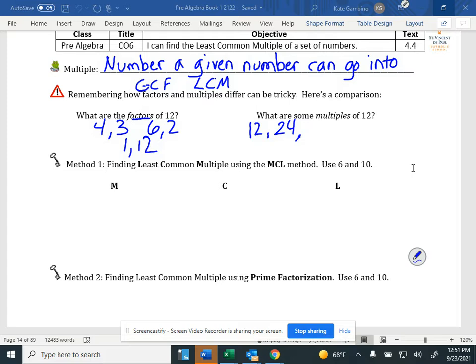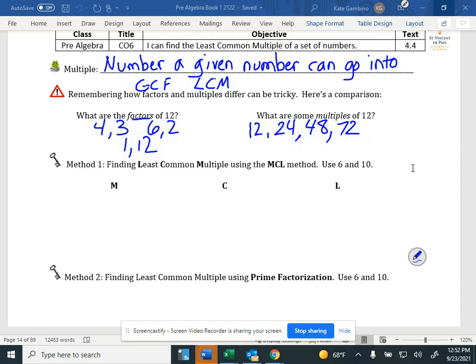We multiplied by 2 and got 24. One more try. 48. If we multiply 12 by 4, we get 48. So when you're finding those multiples, it's multiplying it by a number to get a bigger number. 72. If we multiply 12 by 6, we get that 72.